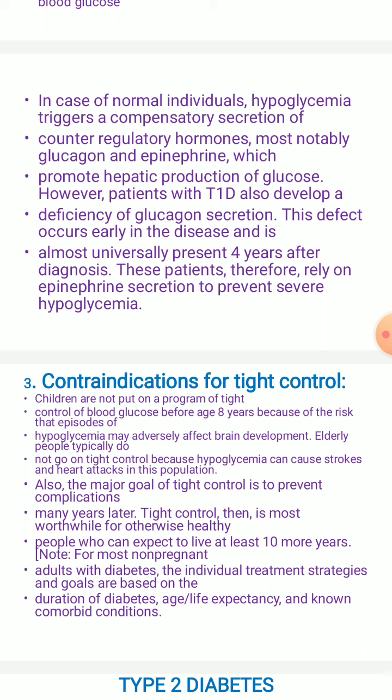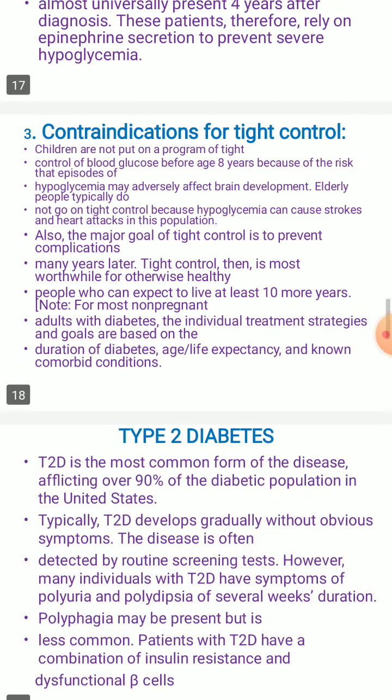For most non-pregnant adults with diabetes, the individual treatment strategies and goals are based on the duration of diabetes, age, life expectancy, and the known comorbid conditions.